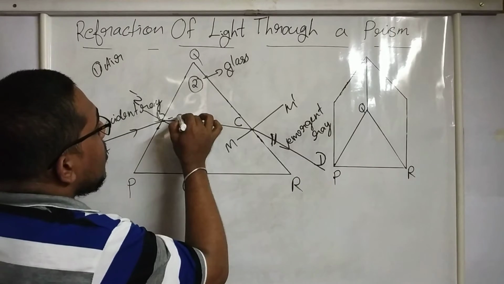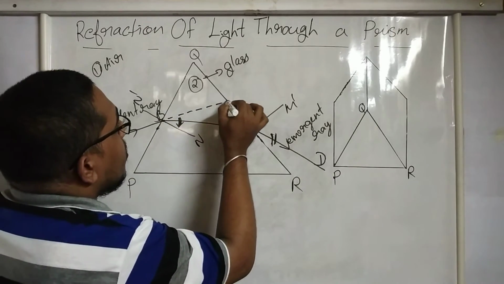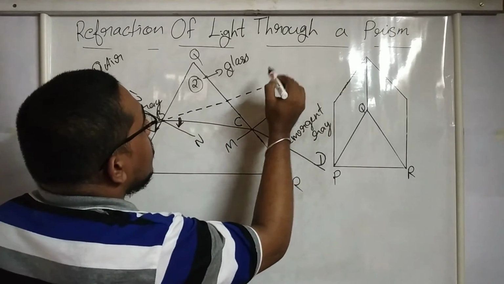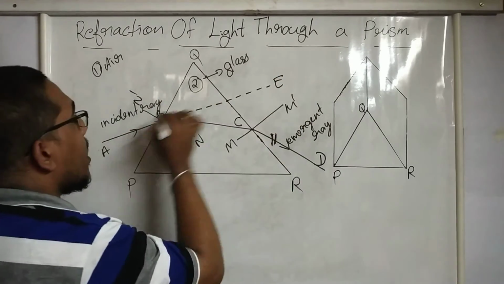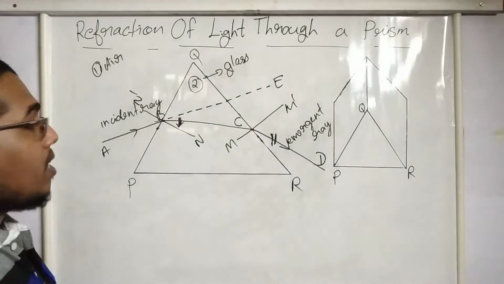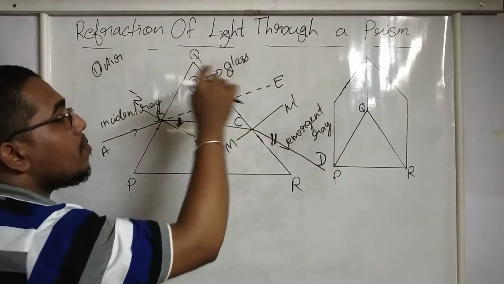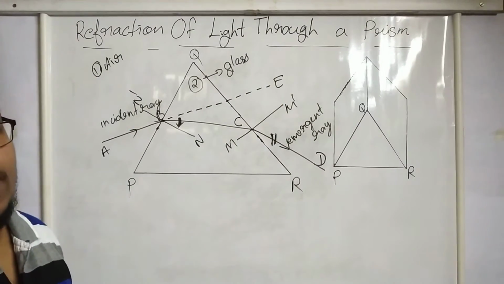Now if you extend this incident ray AB like this, we can give it another name, AE. Now AE is the incident ray, meaning this is the actual path of the incident ray.